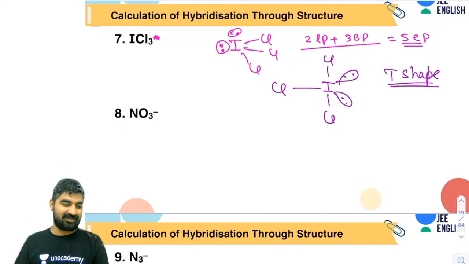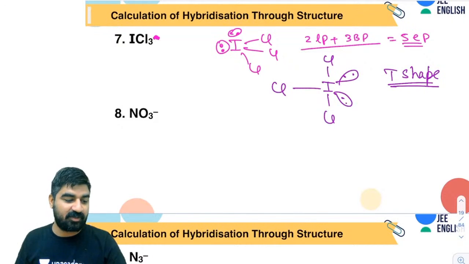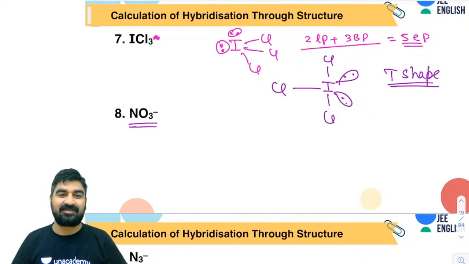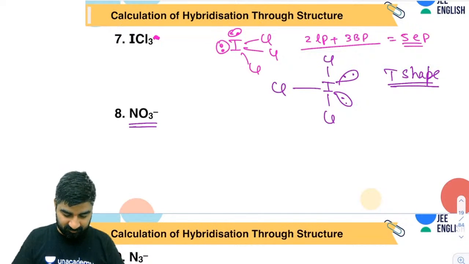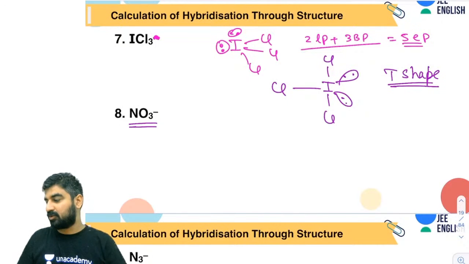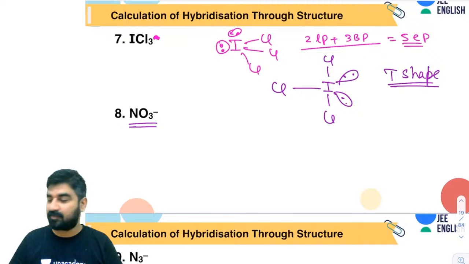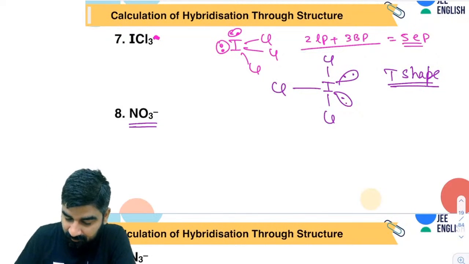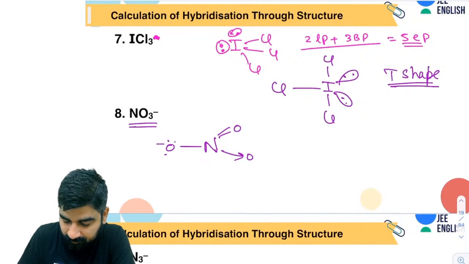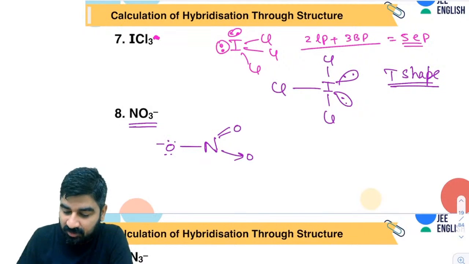Got it, guys? Now just try to calculate it for NO3 minus. Do it, be fast. So for NO3 minus, what will be the shape, guys? Now just count the sigma bonds.